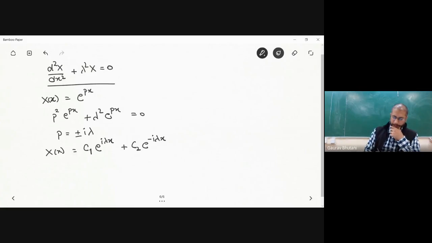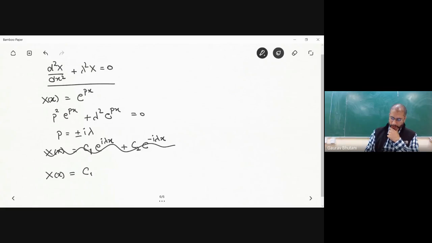That's the solution you have, and you may remember that if I expand this using Euler's formula, e to the power of i theta is cos theta plus i sin theta. Remember, we are working in a real domain here, so the solution we use is the same as this, though the constants may not be the same.